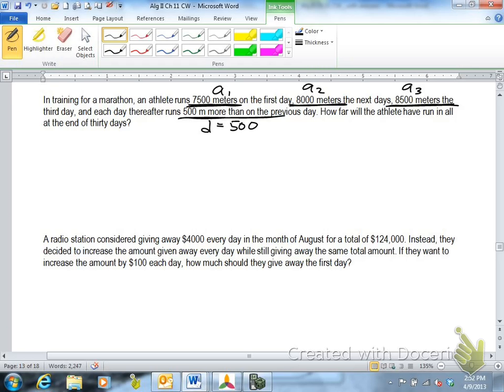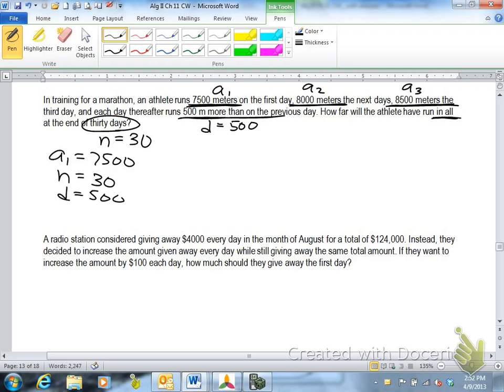You want to know how much you have run in all, so you have to find a sum after 30 days, so n is 30. So your a sub 1 is 7,500, n is 30, d is 500, and you're looking for a sum.